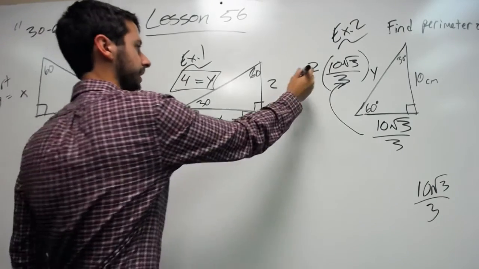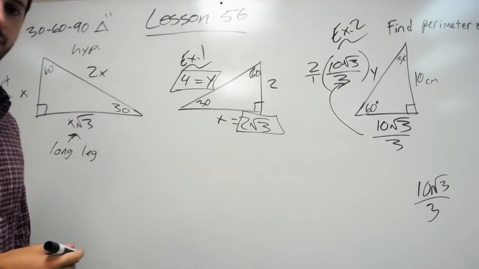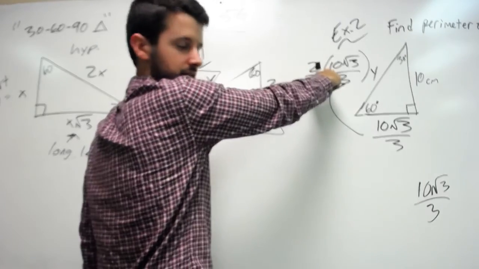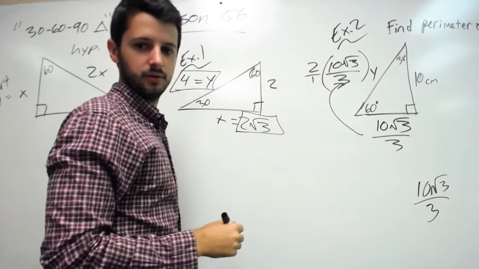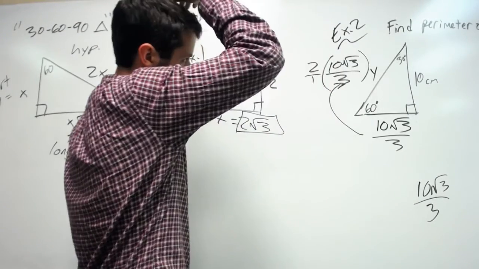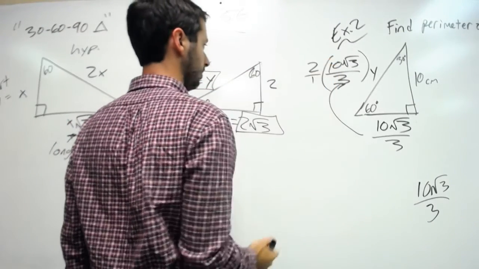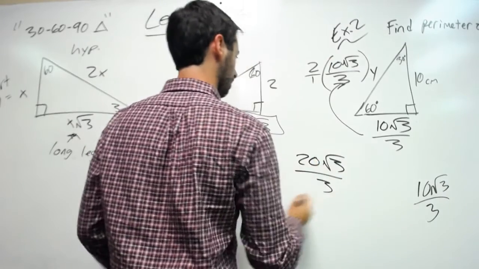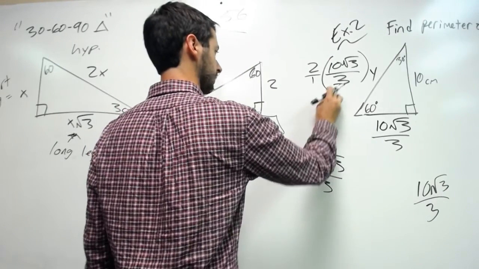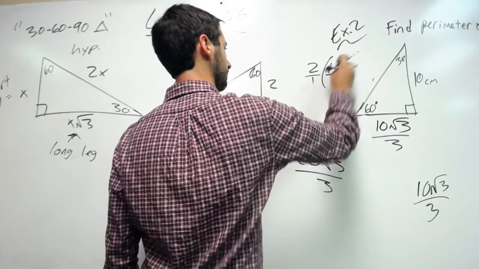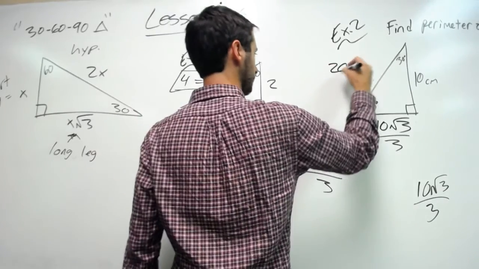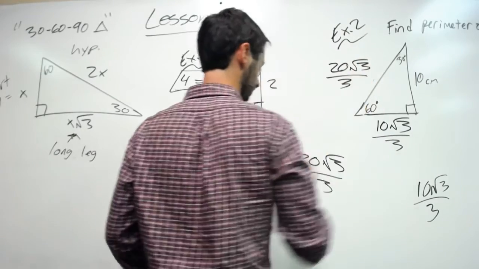You can imagine the 2 over 1, so you multiply 2 times 10 in the numerator and 1 times 3 in the denominator, and get 20 radical 3 over 3. I'm going to clean up some of the clutter here. So this is 20 radical 3 over 3.